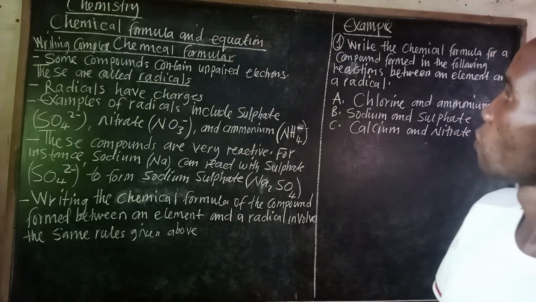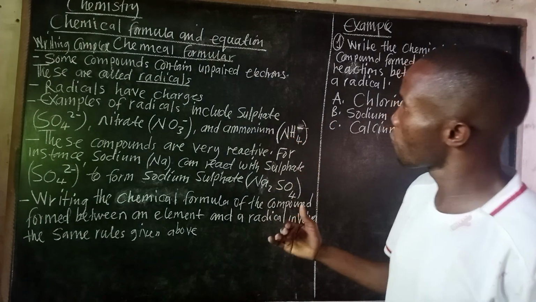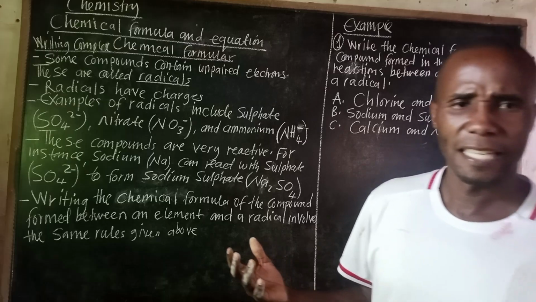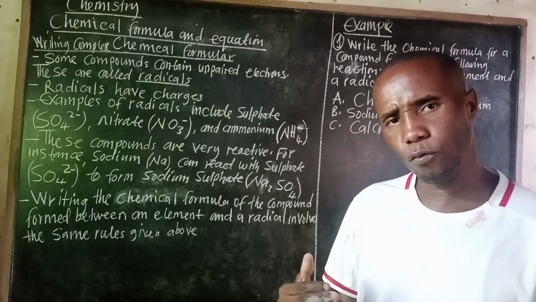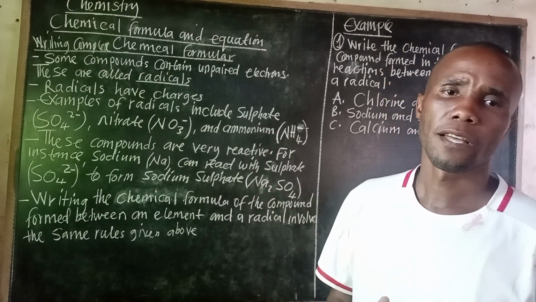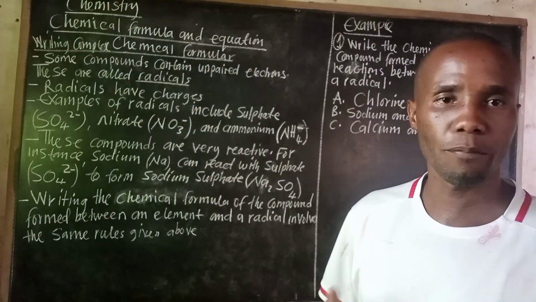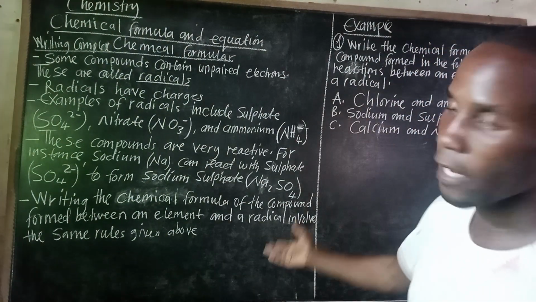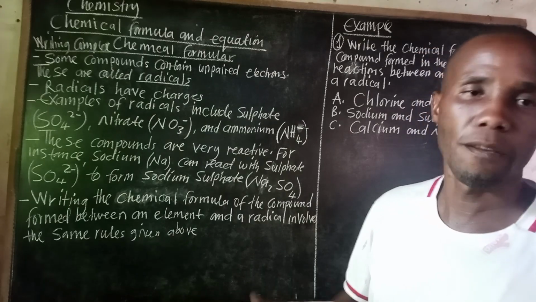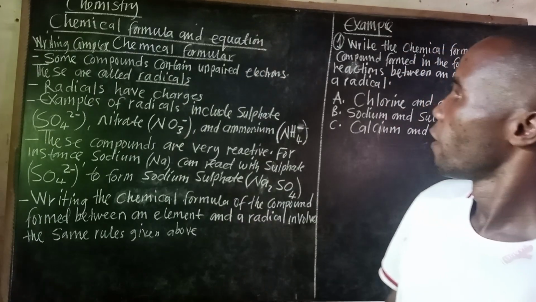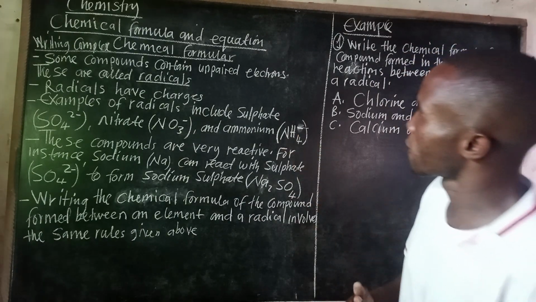Even when writing the chemical formula of complex ones, you just have to follow the same steps. If you understood the first steps in our previous lesson, you are going to do the same things even here. So now we are starting.